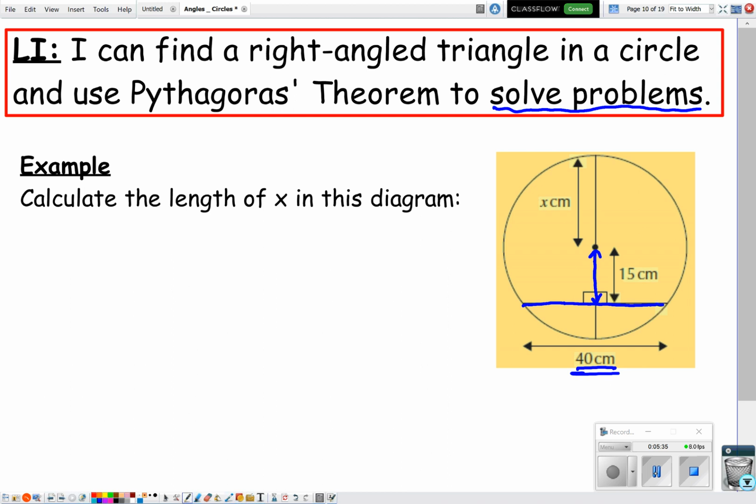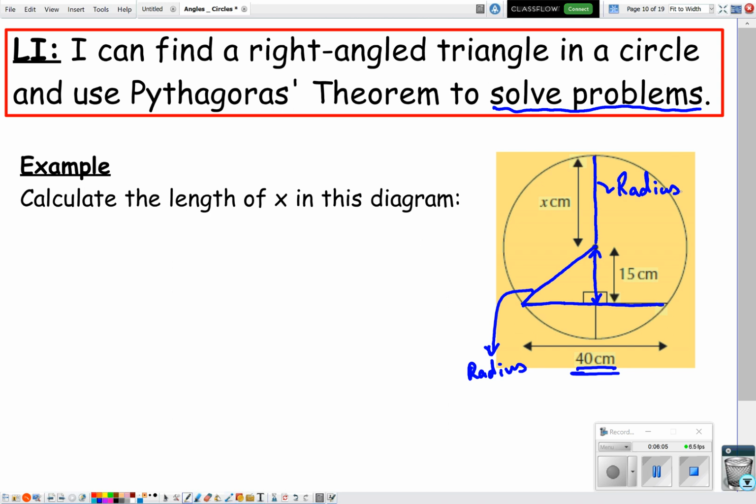Well, it comes really from here to here. Remember what I said on the previous page, that line there is a radius, and the part of this diagram that we're trying to find, which is this bit here, is also a radius.